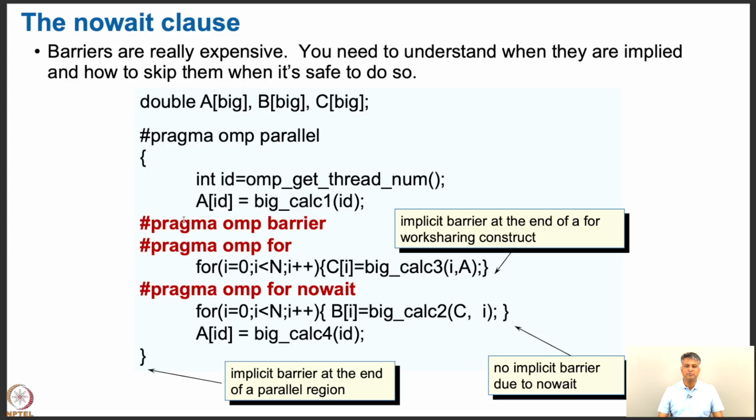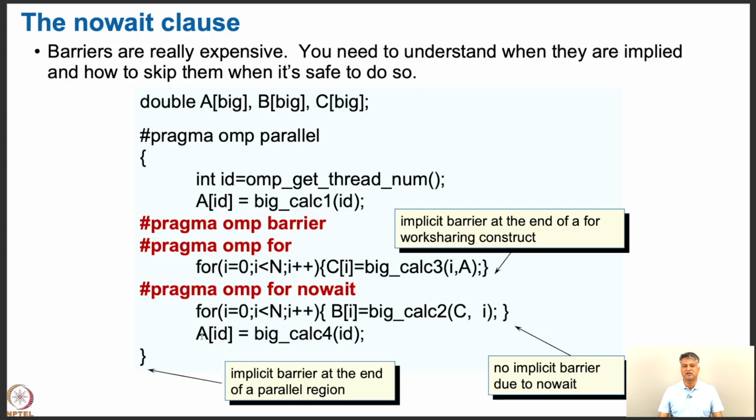So if you can put a nowait clause, then you can go ahead and have no implicit barrier. What it means is that for the second for loop, each of the threads, once it finishes the for loop, will go ahead and do the next programmatic statement without waiting for other threads to complete their relevant calculation.